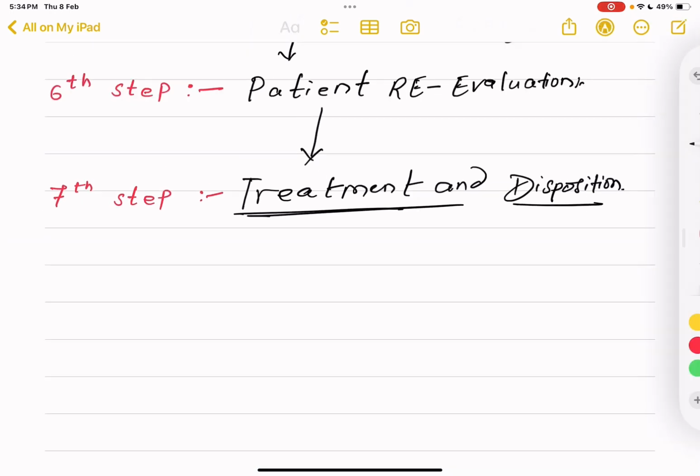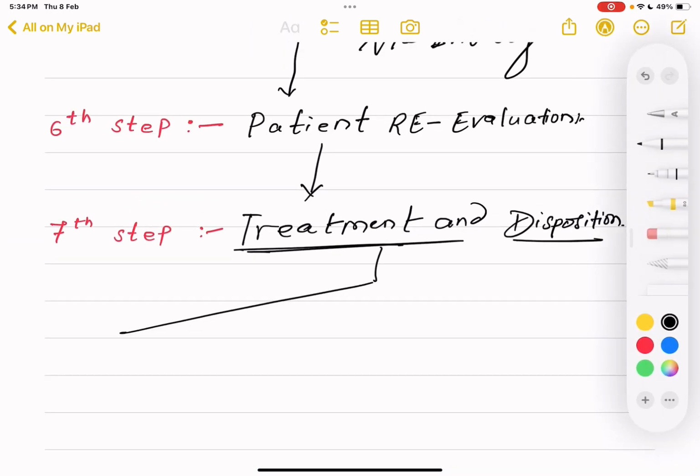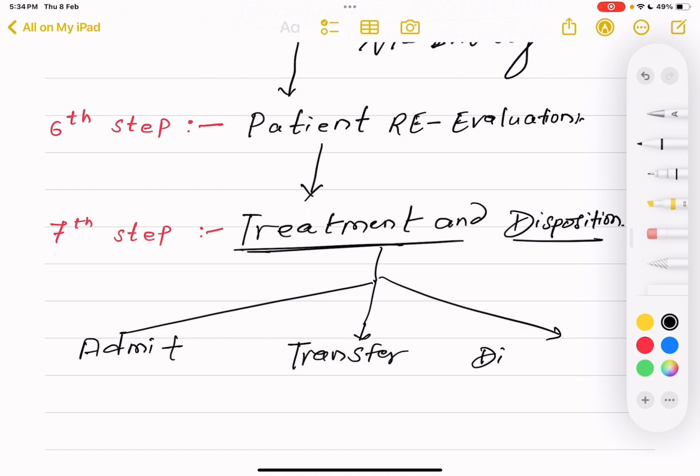You can either admit the patient, or transfer the patient to some other hospital or eye care center, or discharge the patient after recovery. So we have three dispositions.